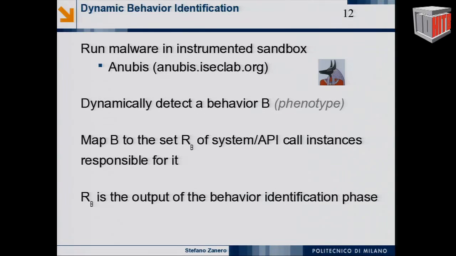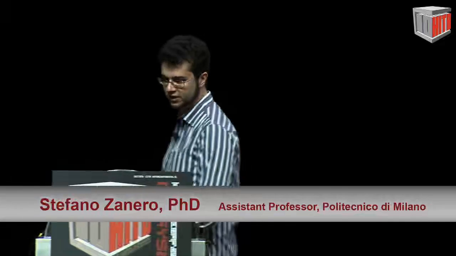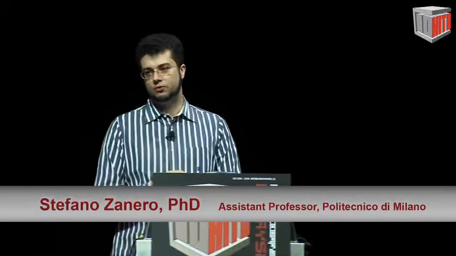So we modified Anubis to have a set of rules to detect some behaviors that we were interested in, and to map, basically, each single behavior to a set of system calls, or API calls, better, which are responsible for it.